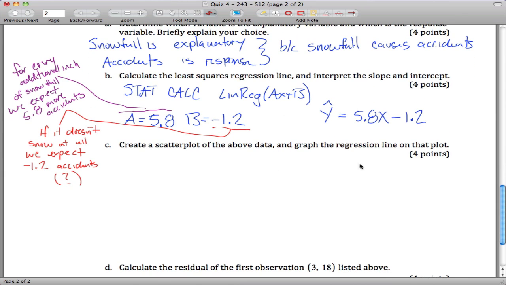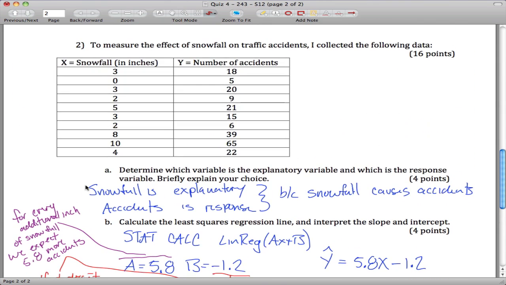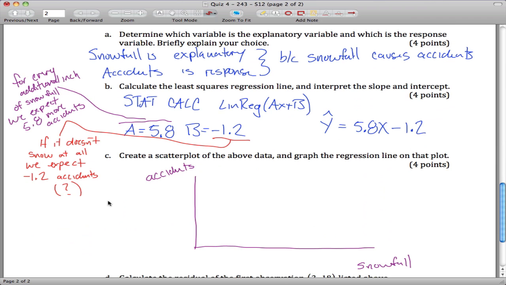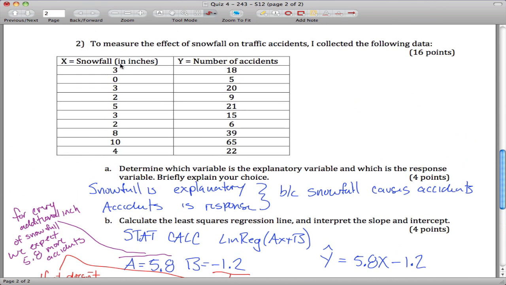Create a scatter plot and graph the regression line on that plot. I'll do that. We want our explanatory variable down here, which is snowfall, and our response variable up here, which is accidents. Then you just plot all the points. Snowfall goes from 0 to 10.